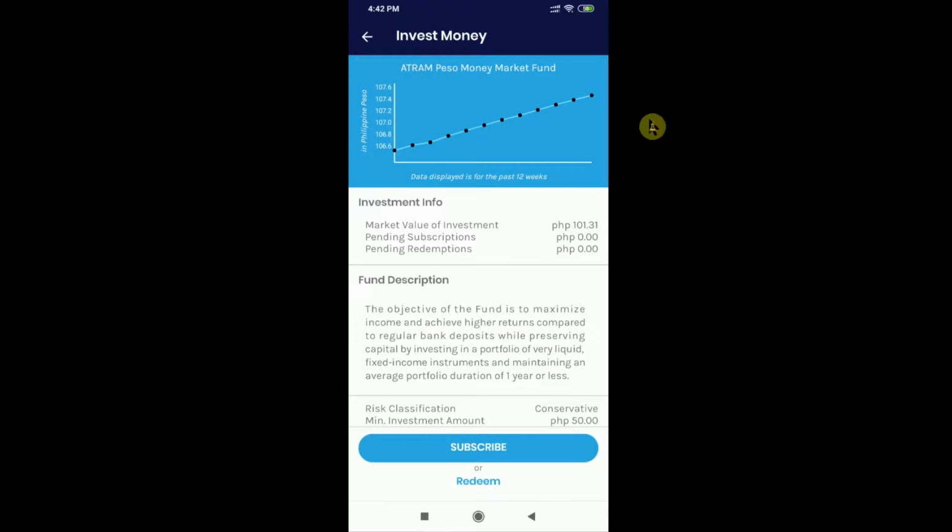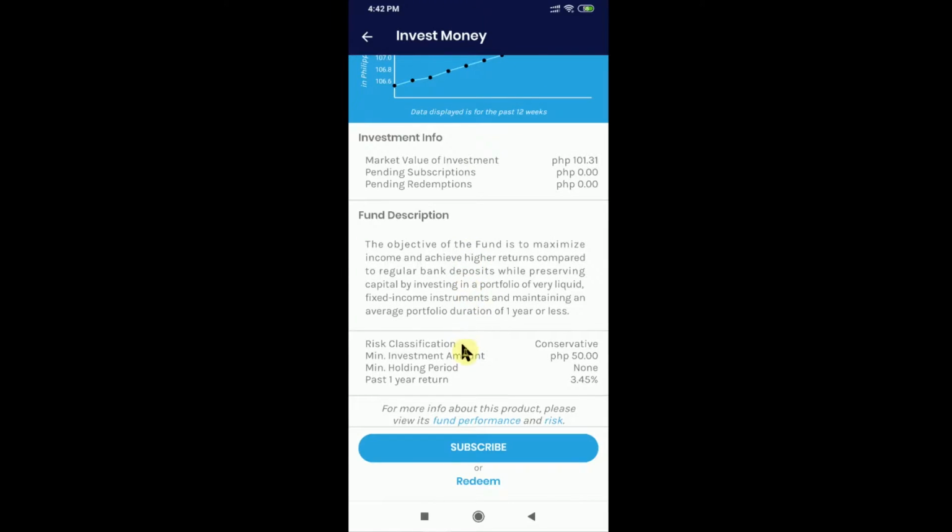In this page, there are investment info, fund description, and risk classification, which shows conservative. Please note the minimum investment amount is 50 pesos. As for me, I initially invested 100 pesos in GCash Invest Money.